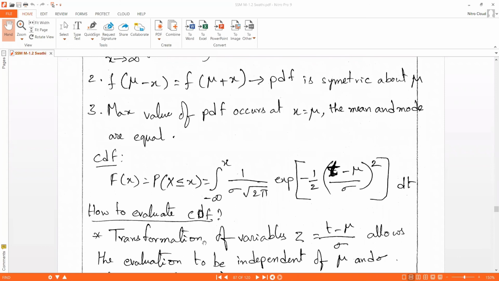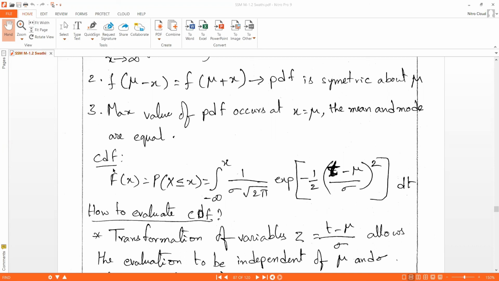Okay, and the CDF is given like this: F of x is equal to P of X less than or equal to x, that equals the integral from negative infinity to x of 1 divided by sigma square root of 2 pi into exponential of minus 1 by 2, t minus mu by sigma whole square, into dt.